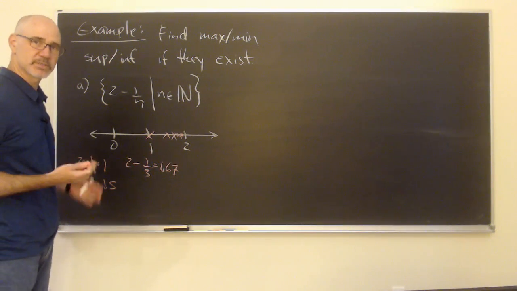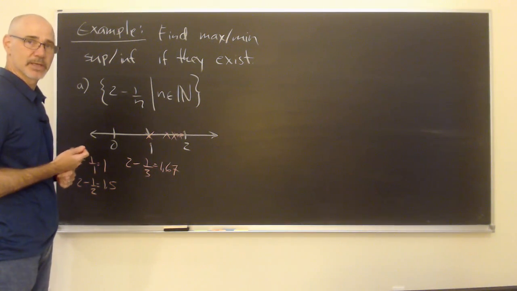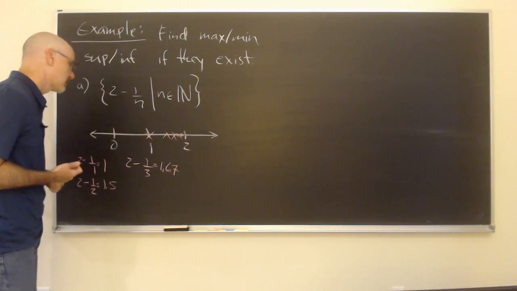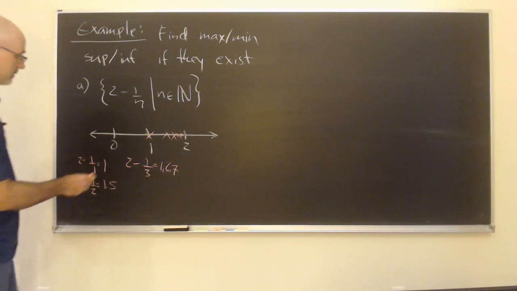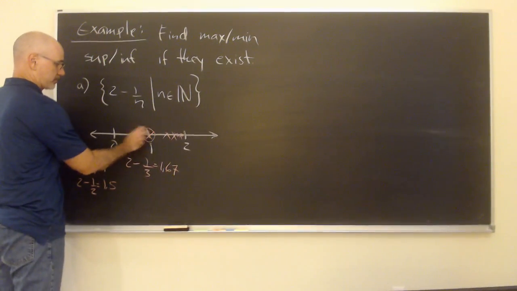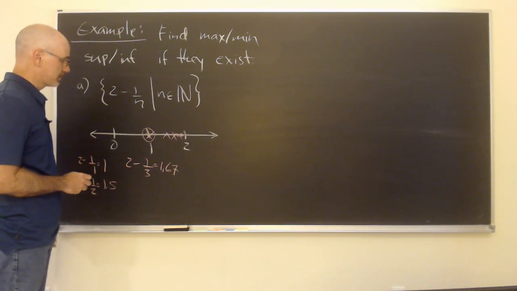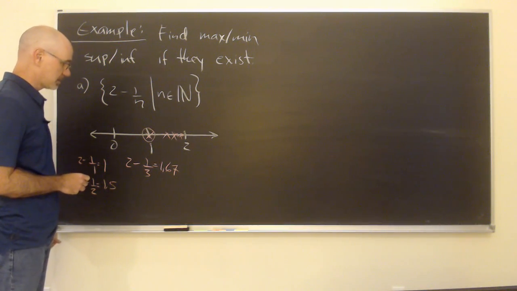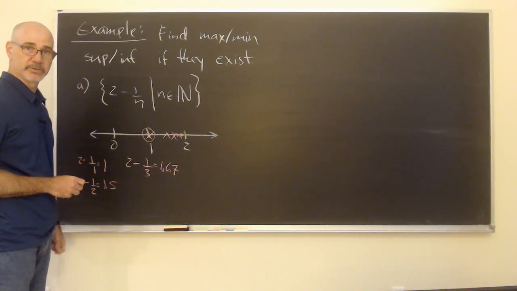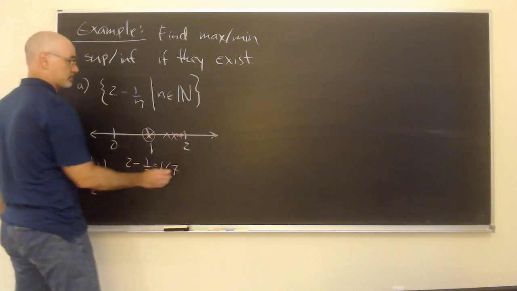All right, so let's look at our collection of points and pull out the important members. First off, 1 is the smallest member of the set and also happens to be a lower bound for the set. So that's a minimum.